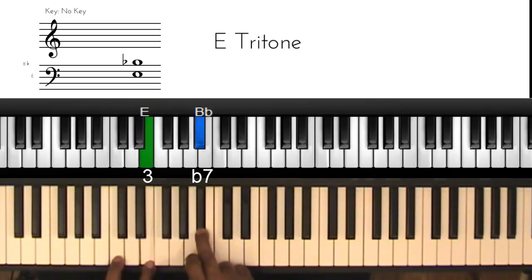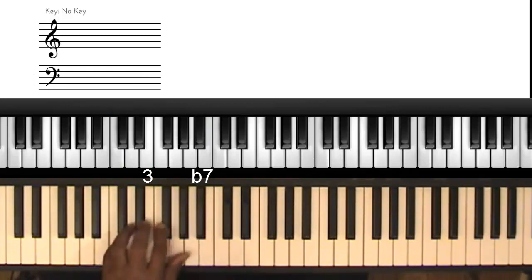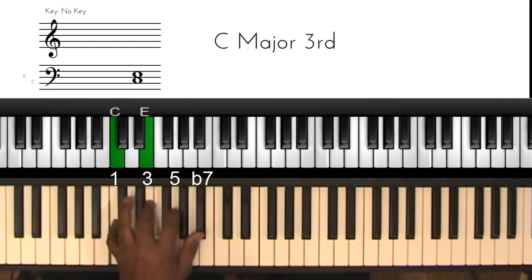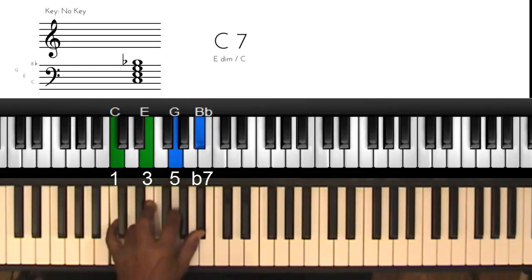You need to have a tritone. In this case, this tritone, the E and the B flat, belong to the C dominant 7. We can add the fifth in some of the chord voicings or leave it out, and you would still have a dominant 7th chord.